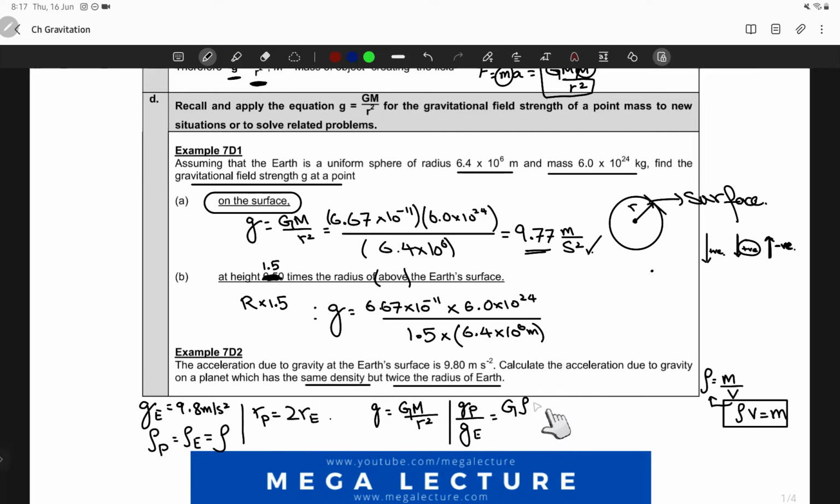So what is the volume? The volume of a sphere is 4/3 pi r cubed. Now this r is for the planet. The reason I'm using r_p is because they have clearly specified that the radius is different, so it is twice the radius of the Earth. So this is my volume, and then you divide by r squared.